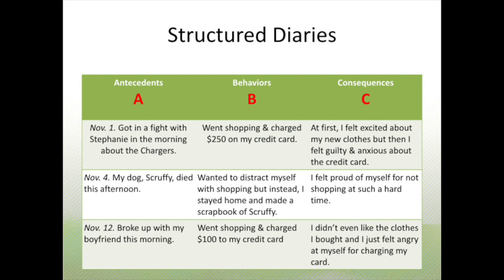So what we want to do is first identify the behavior that we've observed and put that down in the middle column under the B for behavior. And then we want to think about what came just before that behavior happened, and that's going to be our antecedents, and we want to really be as detailed as possible. So this example is actually not really as detailed as yours will be, but in the antecedents you want to, again, think about anything that could have triggered you, even unconsciously.